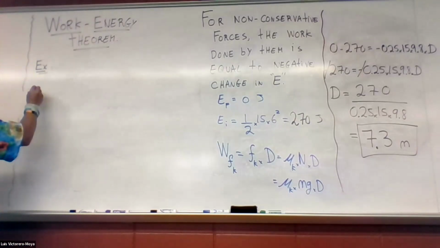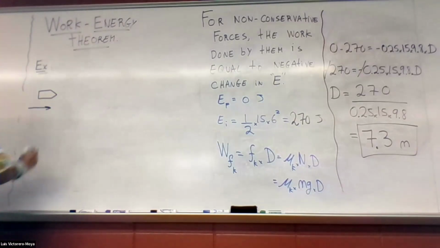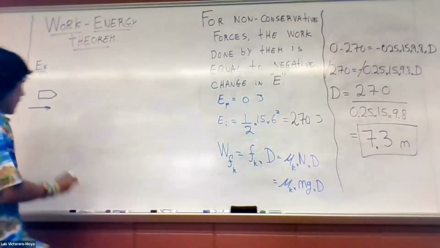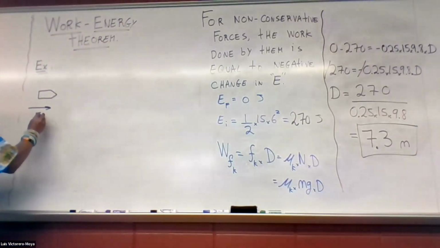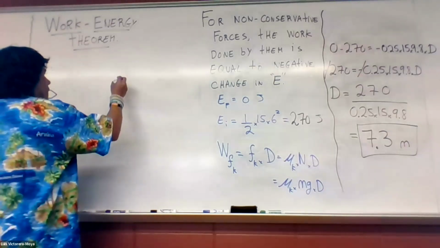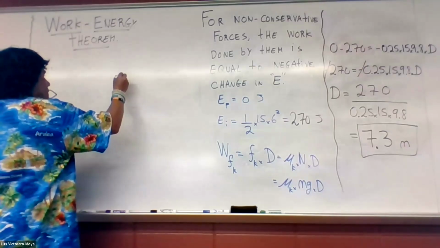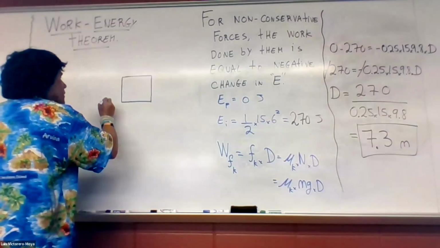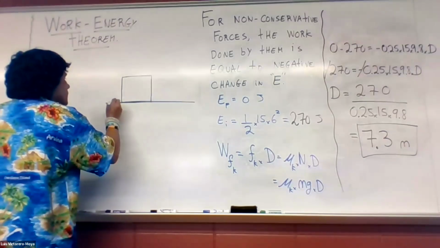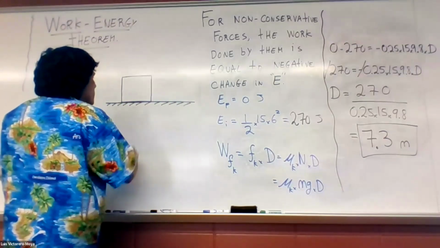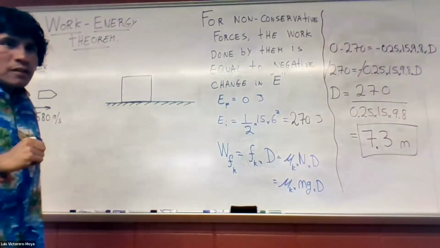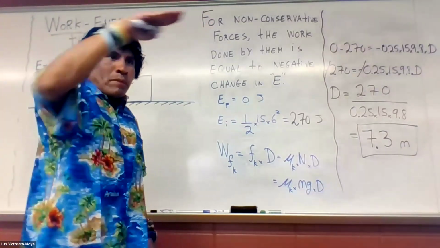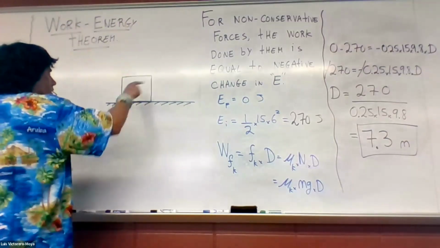So you have a bullet traveling at 580 meters per second. And there is a wooden mass here on a horizontal table. Now that mass is fixed, not going to move. And the bullet penetrates this mass.